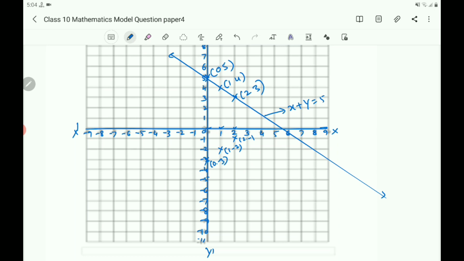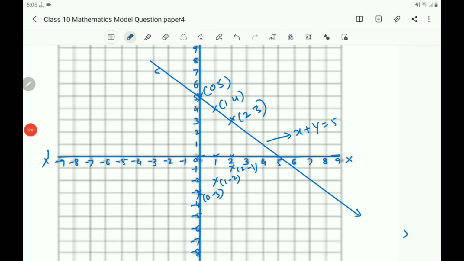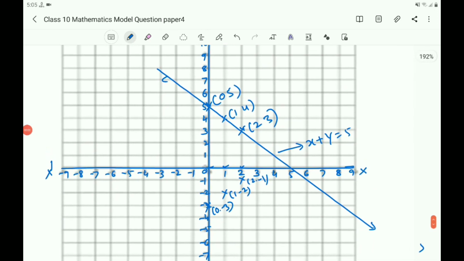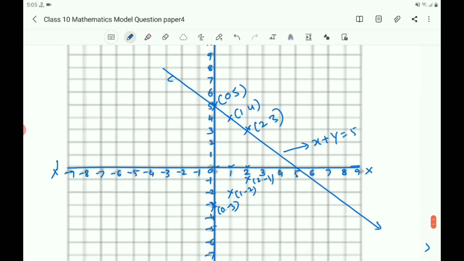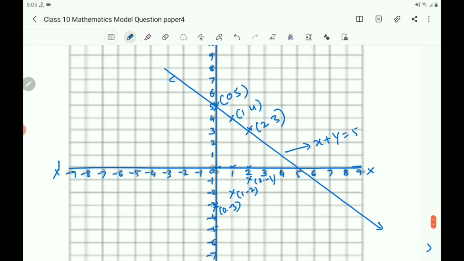Now let us join all these 3 points. This is a straight line of which graph?